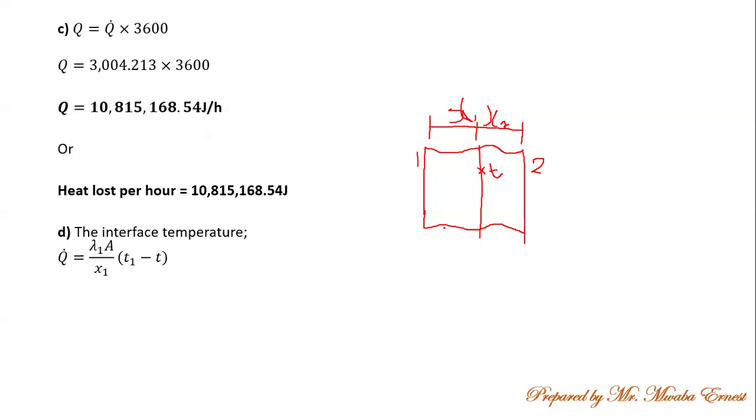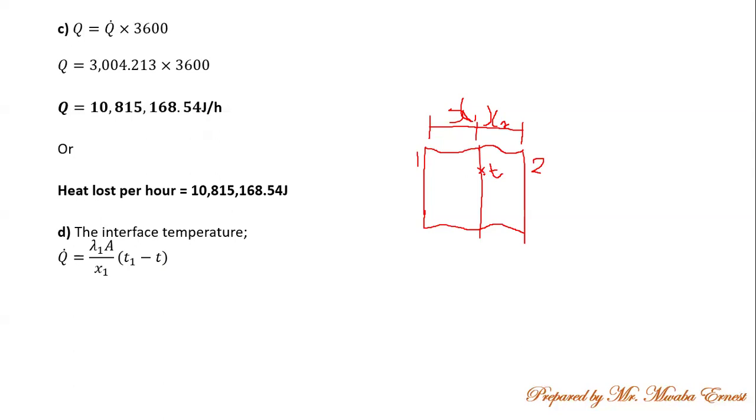Because according to the way heat behaves, the rate at which heat is being lost is constant. The rate of heat transfer is constant. So Q is equal to, I use that formula, lambda 1 area over x1, then T1 minus T, because T1 is higher than T. Temperature is higher at this point compared to what is here in the middle.